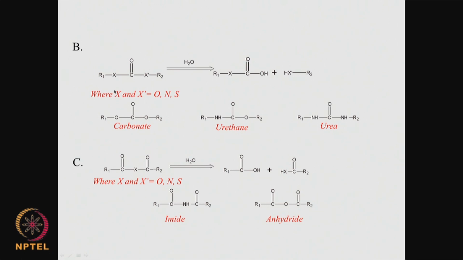Here we can have O on both sides, or nitrogen on both sides, S on both sides with a ketone C double bond O. So again this can give you an acid and a hydrocarbon here, whereas in this one we have C double bond O on both sides connected by an oxygen or a nitrogen or a sulfur. Okay, so these are various types of bond systems which are biodegradable.